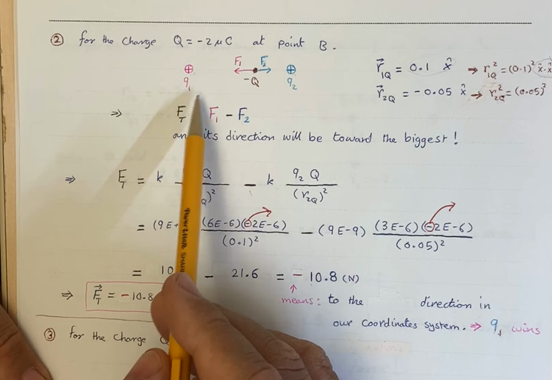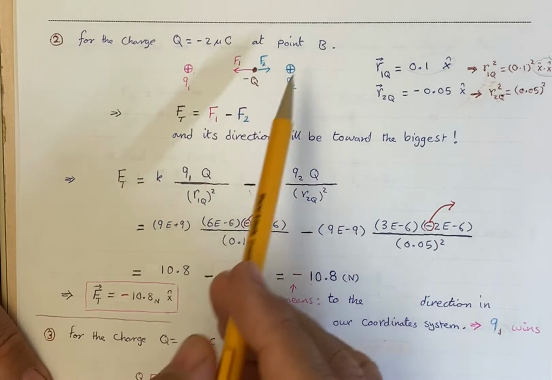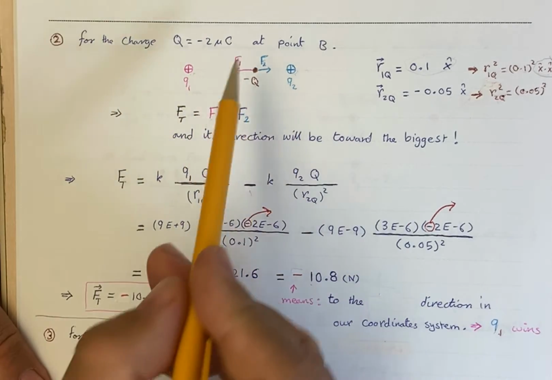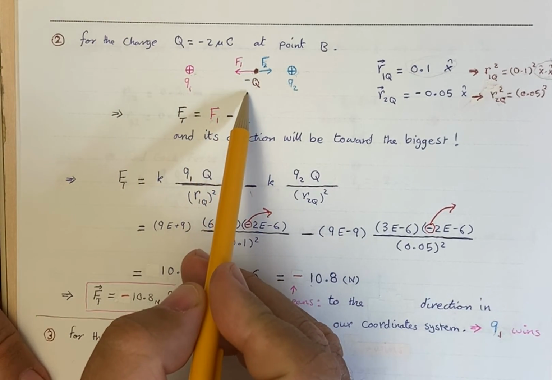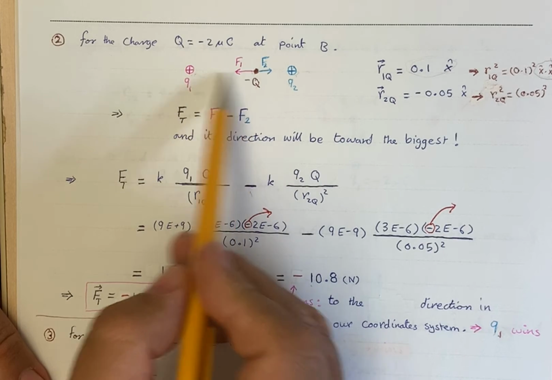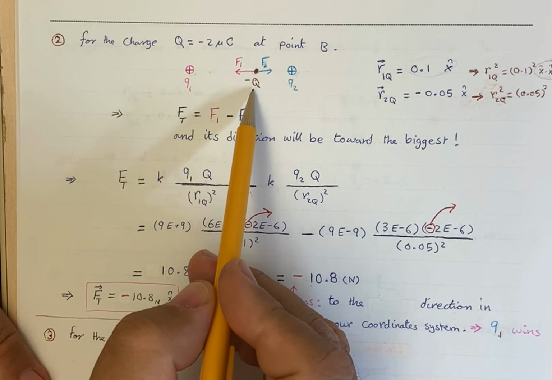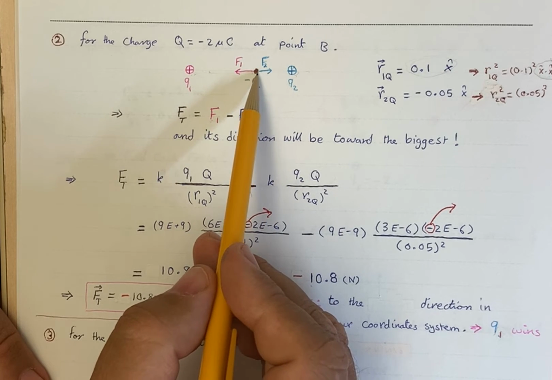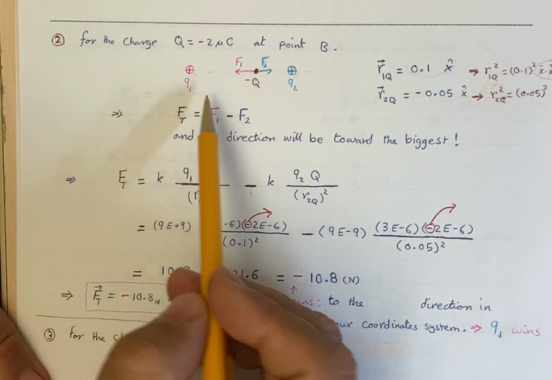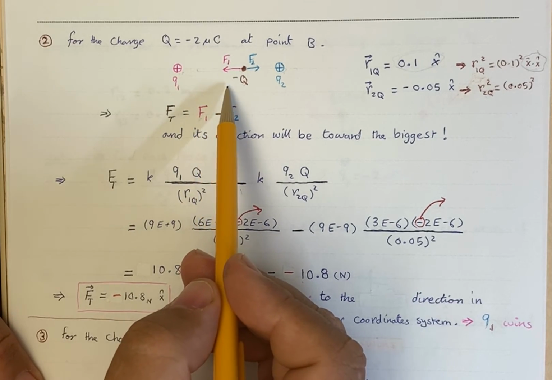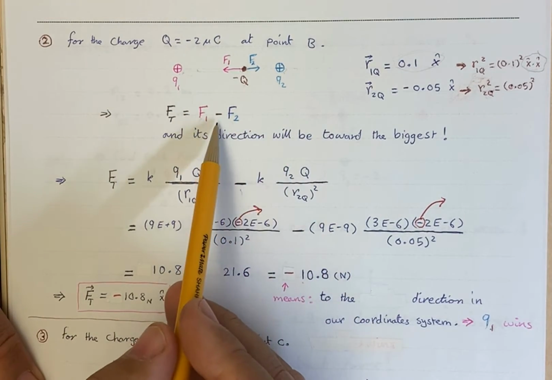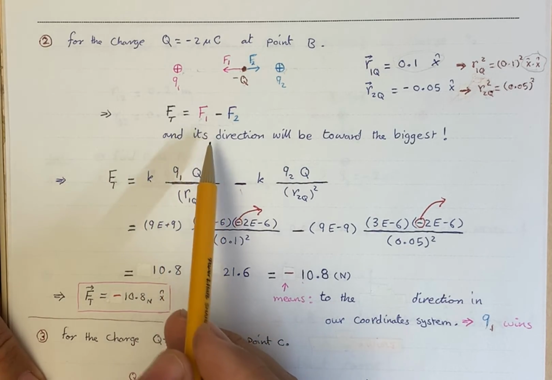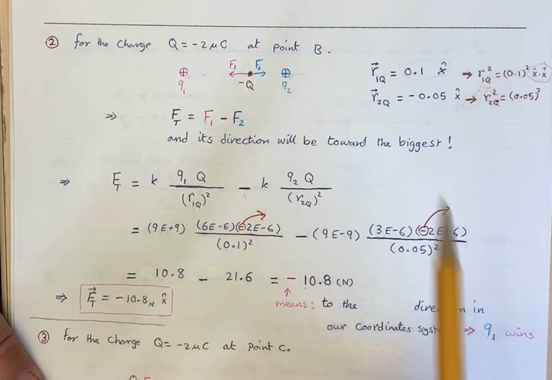It is negative, and these charges are positive. So we have attractive forces between the test charge and both of these charges. The first force is between the test charge and Q1, to the left. The second force is between the test charge and Q2, to the right. So we have two forces with opposite direction. The resultant force will be, of course, the subtraction between these two forces, and its direction will be toward the biggest one. We will see.